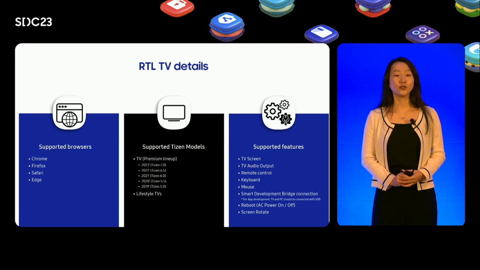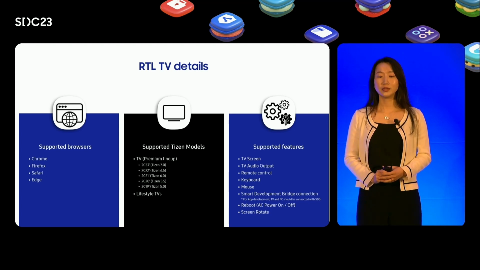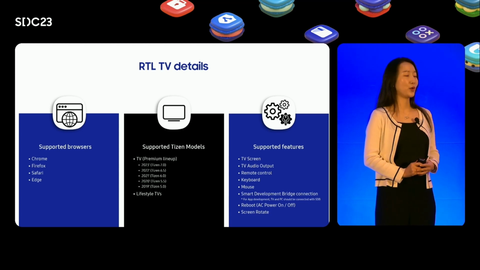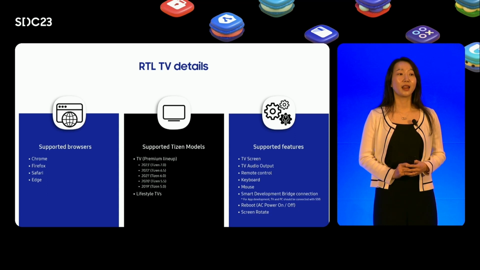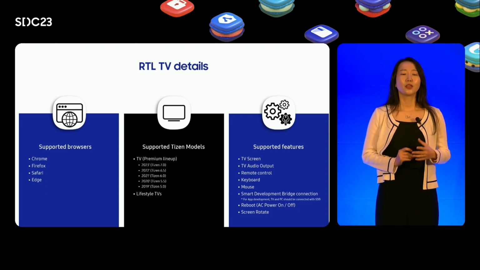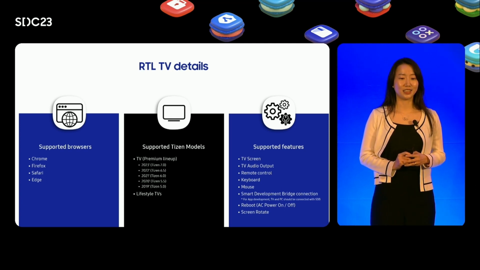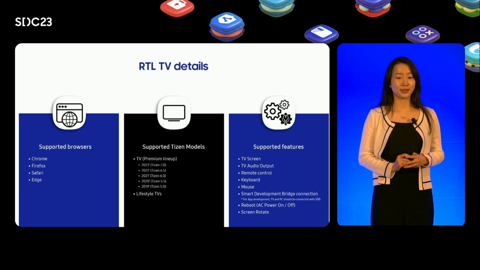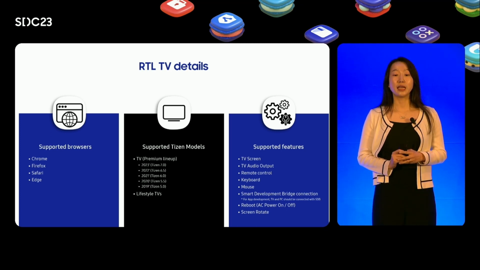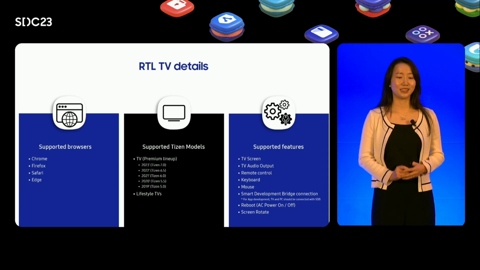Now, let's review some technical details of RTL TV. First off, it's compatible with the most popular browsers like Chrome, Firefox, Safari, and Edge. The most important thing would be the supported devices. The range of supported devices has extended to include not just basic TVs, but also lifestyle TVs.